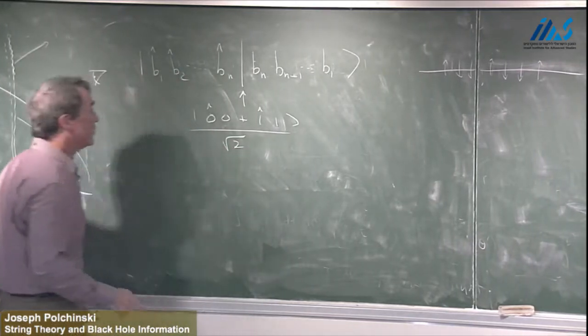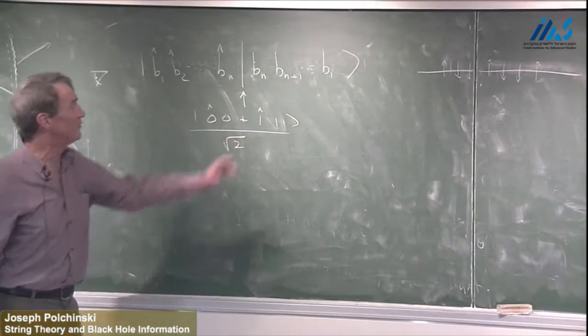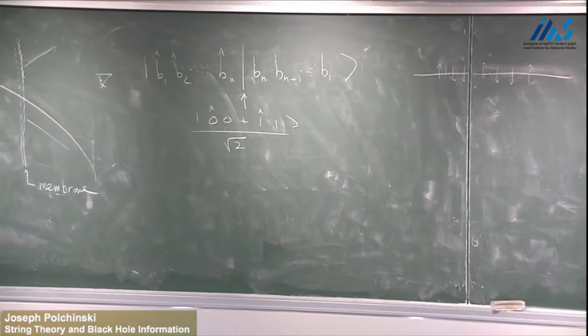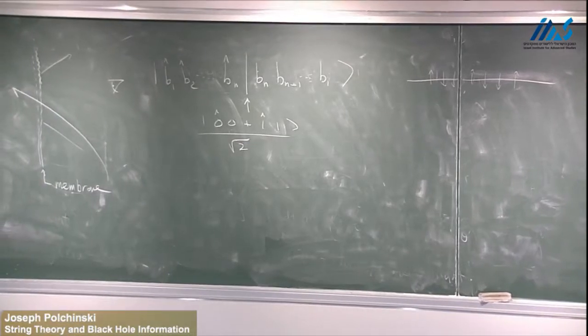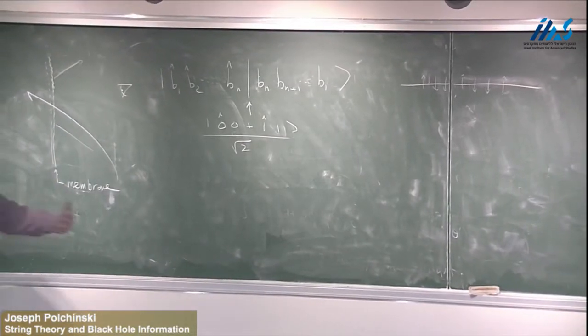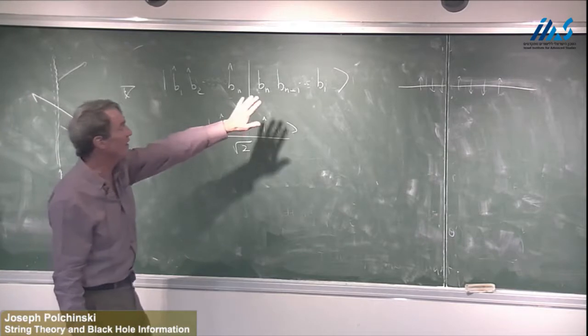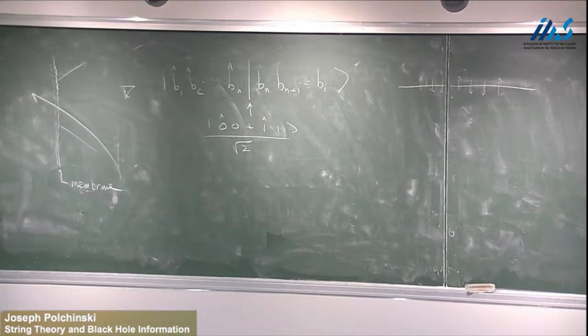So you've inserted 2 bits: one more bit on the outside, the additional Hawking particle, and one more bit on the inside, because, as we've seen, this describes the state on a nice slice, and the whole nice slice is getting longer.